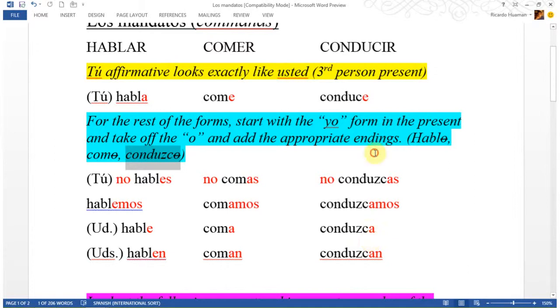So I could give you another irregular verb like seguir, and you would have to do the same process as listed right here. You start with yo sigo, take off the o, and then the endings would be sigas, sigamos, siga, sigan. So this is a very important rule: start with yo first. First think about yo, take off the o, and then add the endings.